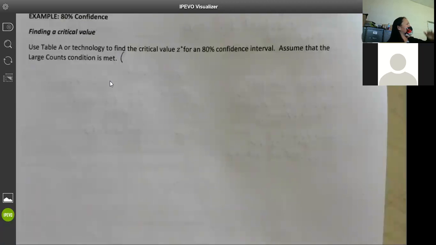What do we do after large counts? Like last unit, what do we do after large counts? No, that was after the 10% rule. Two chapters now and you don't know what we do. That's a problem, okay? Y'all have got to start remembering this stuff. Not mad now, but you're going to have to do it this chapter again and again and again.